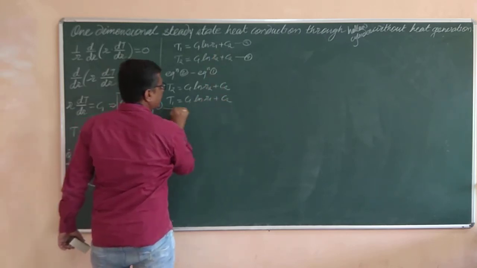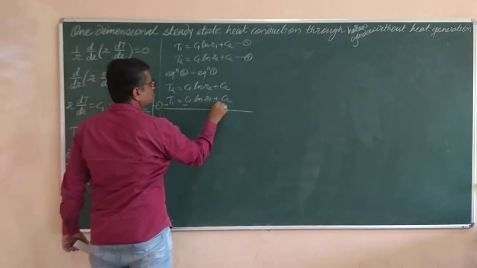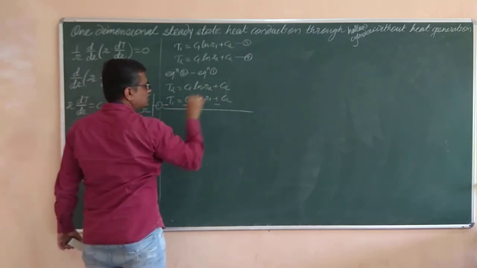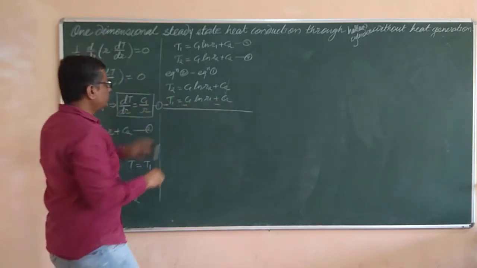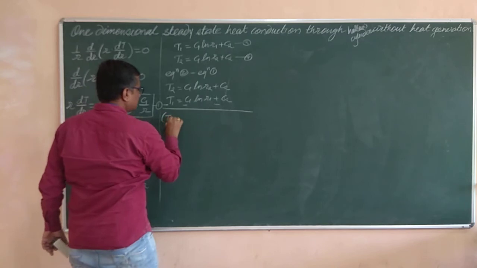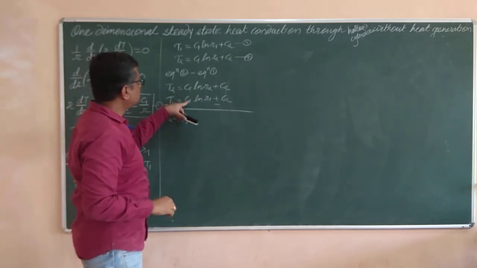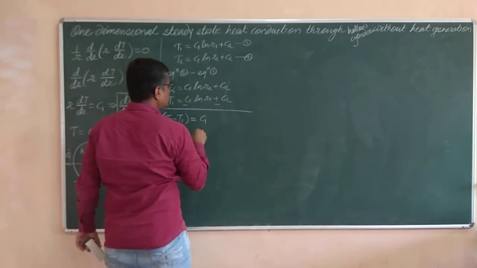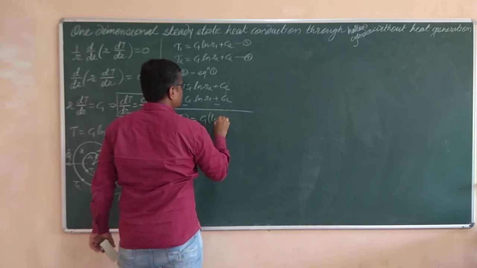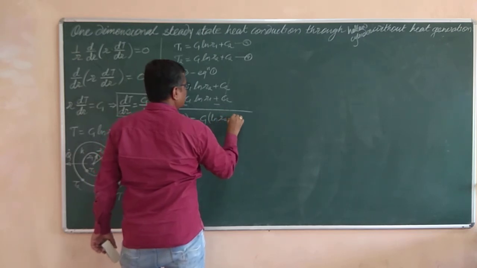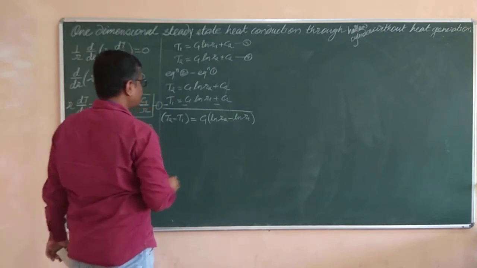If we subtract the third equation from the fourth, C2 and minus C2 will be cancelled. This will be T2 minus T1 equals, taking C1 as common, the natural log of r2 minus the natural log of r1.